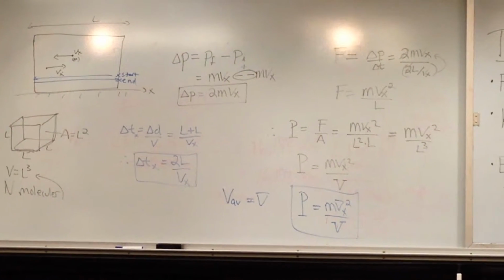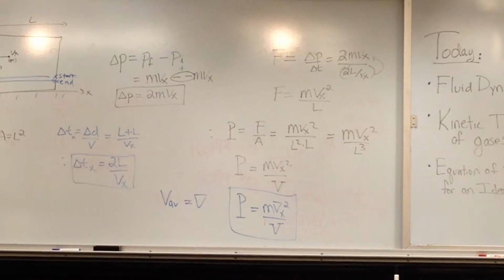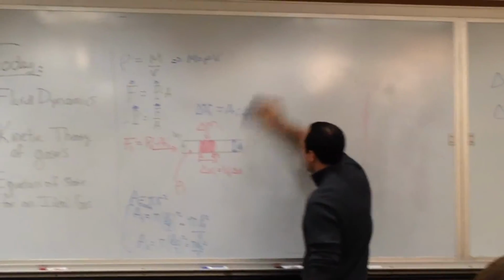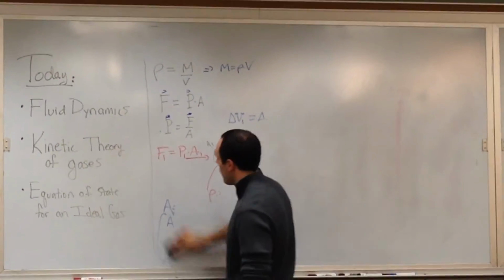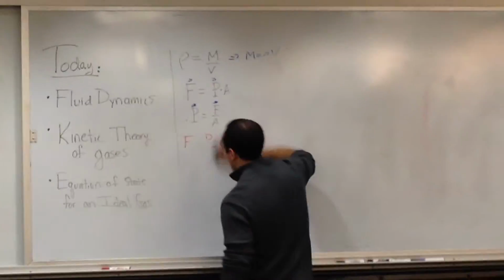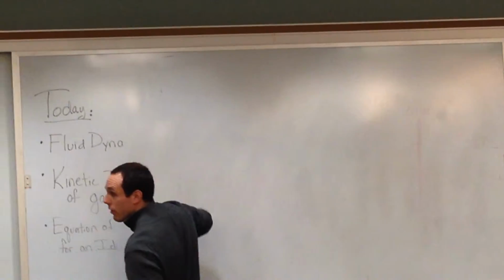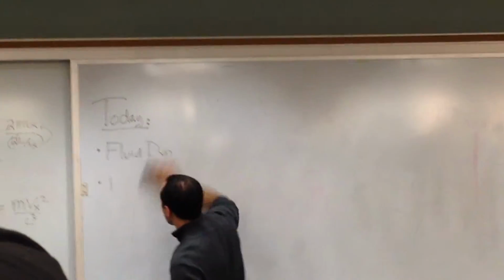So what I've been able to do right now is relate the idea of pressure in this container to, once again, as of right now, I'm solely looking at one dimension. I'm only looking at the x direction. So that's what I've constrained myself to do right now.